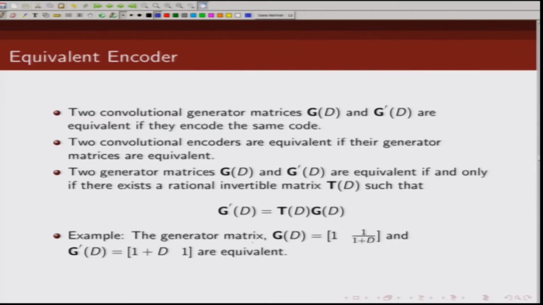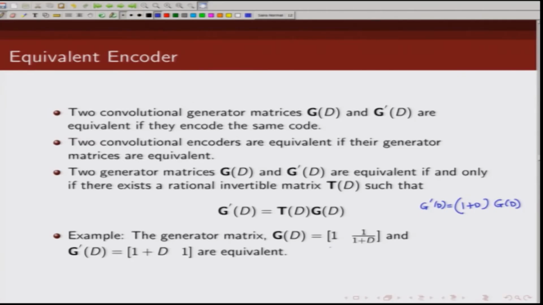So, let us take an example. This G(D) = [1, 1/(1+D)] and G'(D), which is [1+D, 1], these are equivalent encoders, because we can write G'(D) as (1+D) times G(D).